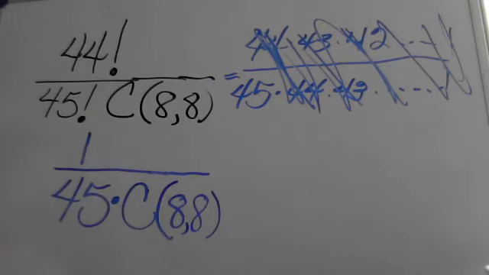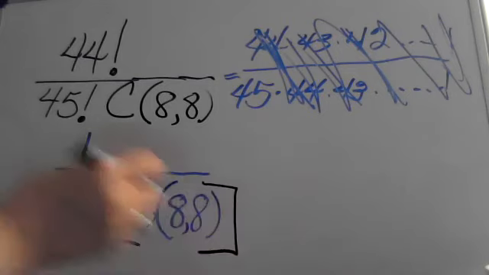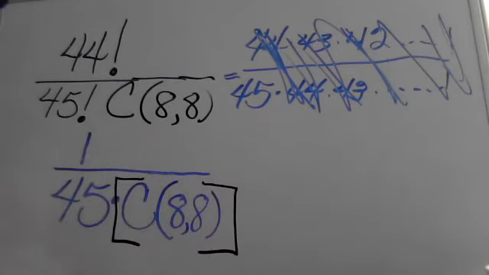So let's go to the calculator and find out just what this amounts to. Go in your calculator and tell me what the combination of 8 things taken 8 at a time equals.